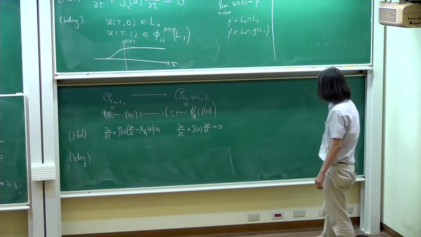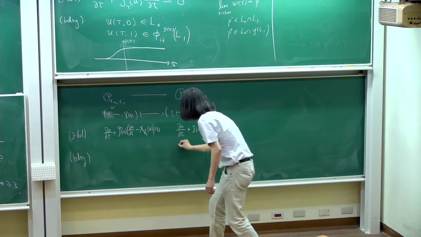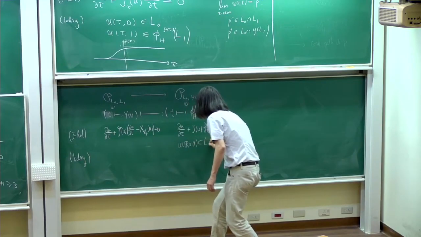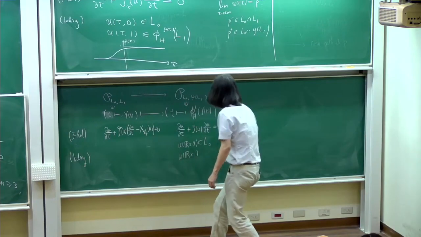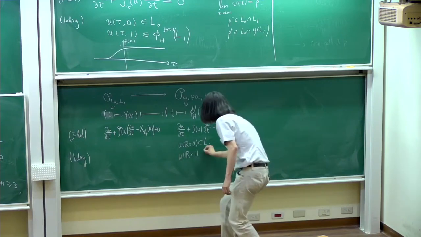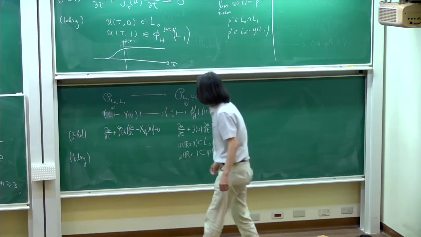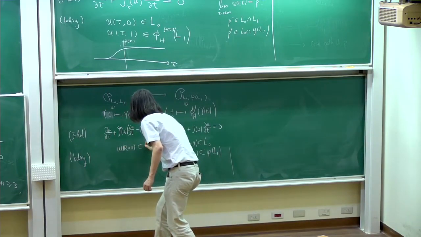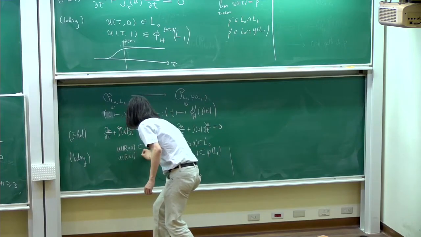I think this is correct. And then the boundary condition here is that u of R cross 0 lies in L0, and u of R cross 1 is in this φ of L1. And here u of R cross 0 is in L0, and u of R cross 1 is in L1.